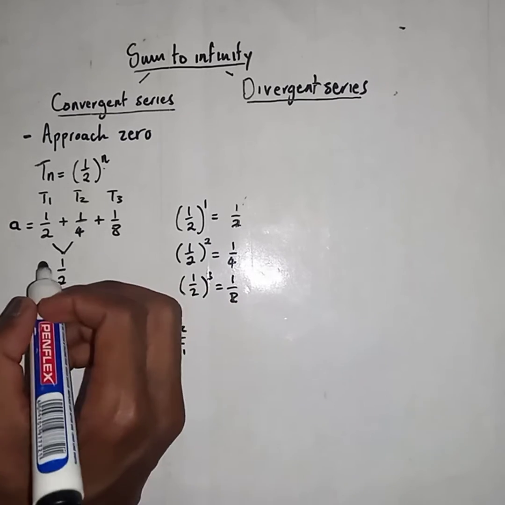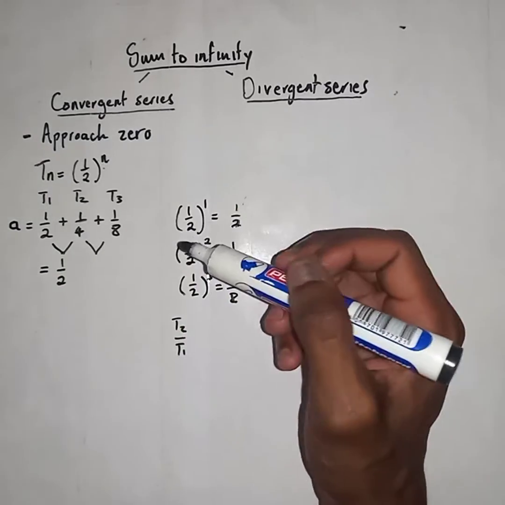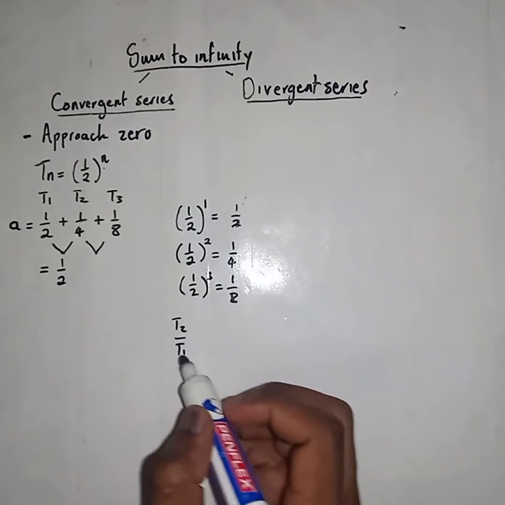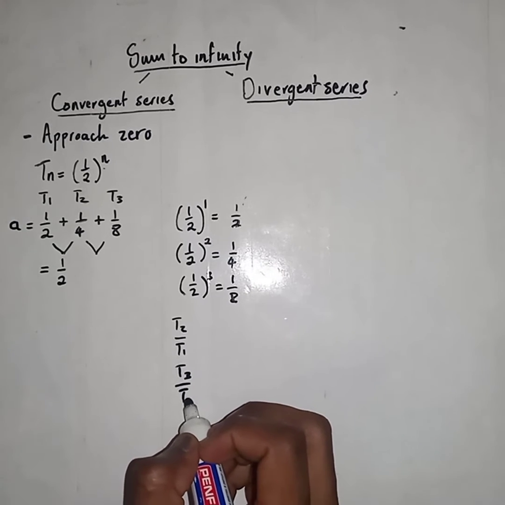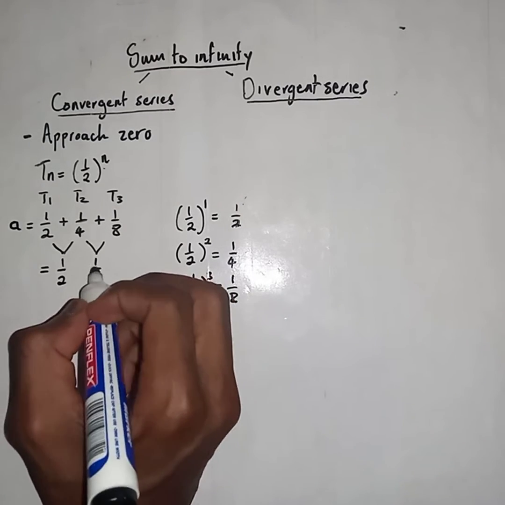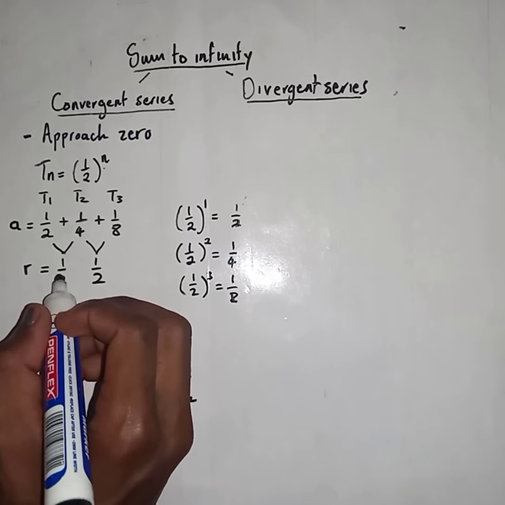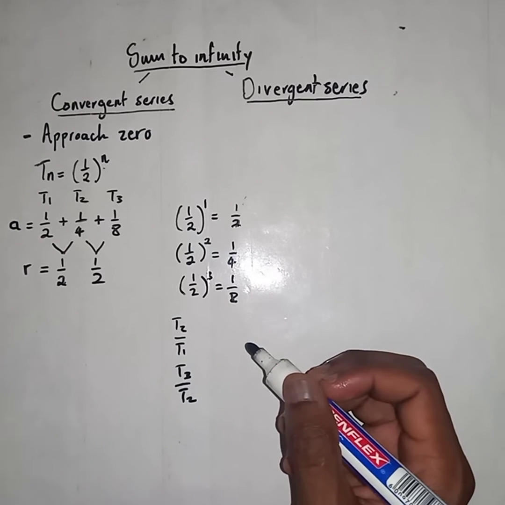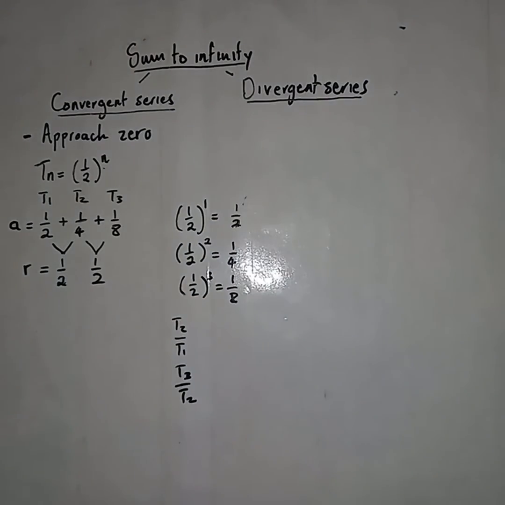The same applies if we find the value of r using term 3 and term 2. Term 3 divided by term 2 gives the same answer, 1 over 2. And this constant ratio must be the same throughout for the geometric series.